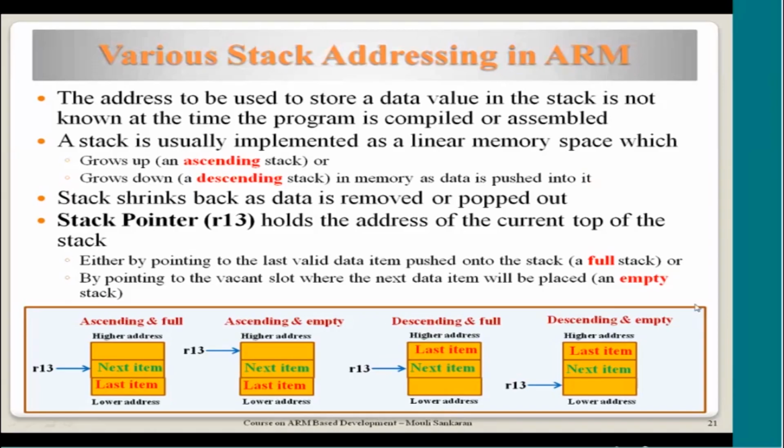So there are some instructions, push and pop, specific to the stack, and they assume descending and full as a default, and then it could be used in any way. And ARM has given different instructions for all these four types of stack.